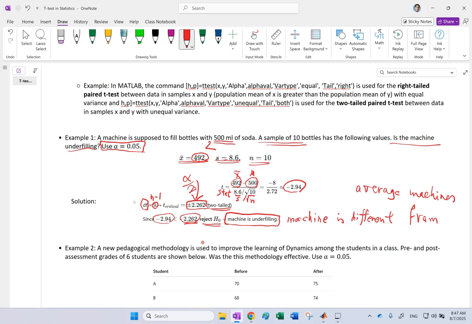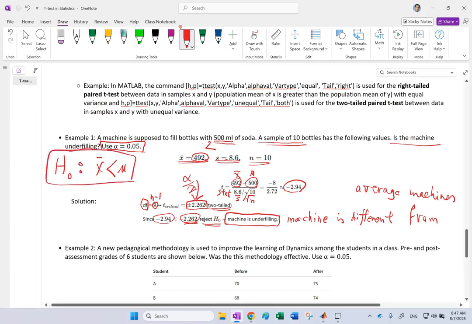If I want to test underfilling, I have to assume that my H naught, instead of X bar is equal to mu or not, should be different. It should be X bar is less than mu naught. If you do that, you are doing a one-tail t-test.